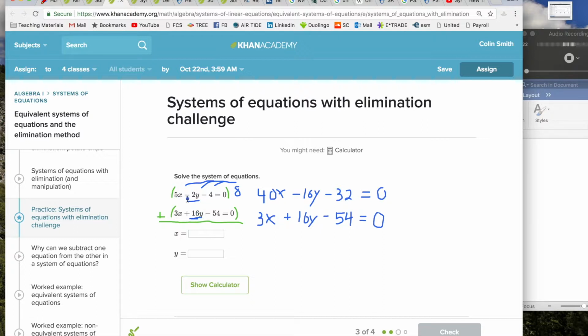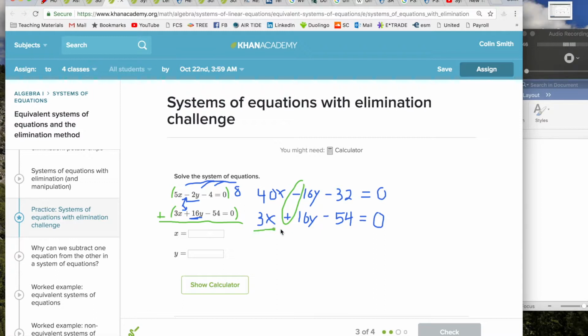We already had a y value that was negative on the top and positive on the bottom, which is what we want. Or if we have positive on the top and negative on the bottom, it's fine. They just need to be opposite signs so that we're able to add them together and cancel out.